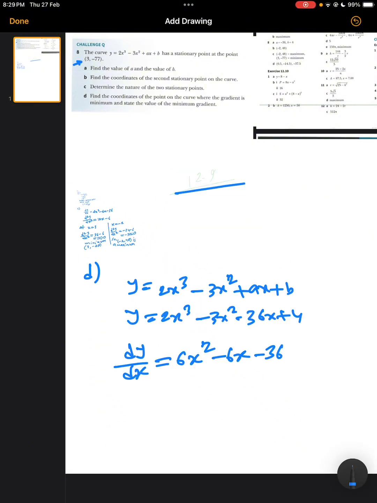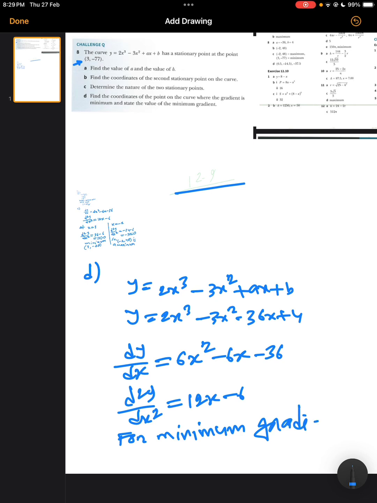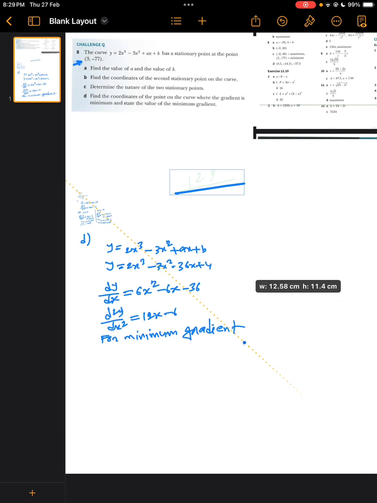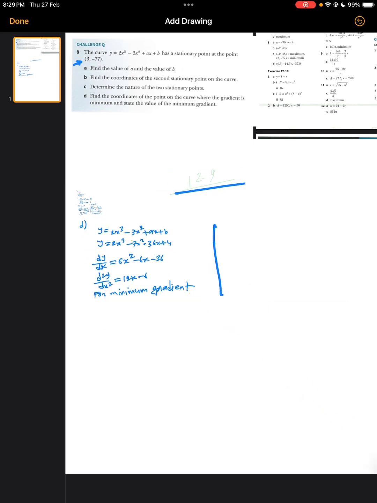Okay, so what should we do here? We have to do the second derivative here for the minimum gradient, which is 12x - 6, right? For the minimum gradient, the second derivative would be 0 here.